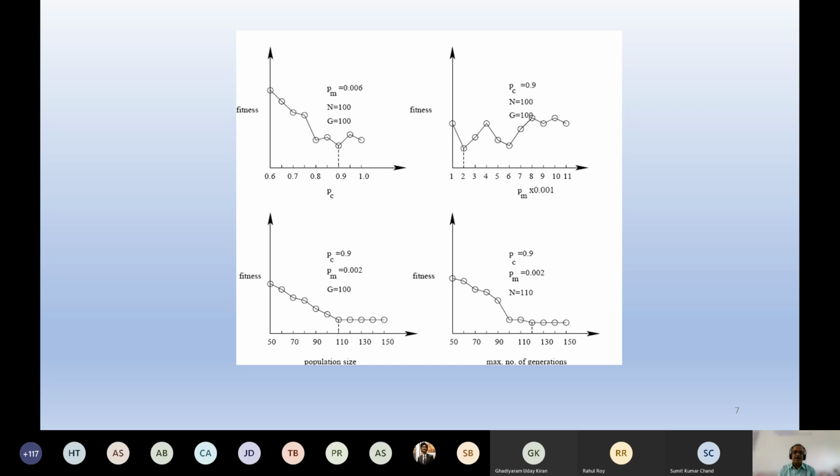On the other hand, if you select a small value for this particular PM, there is every possibility that the very purpose of using mutation will not be served. You will not be able to find the globally optimal solution. Are you getting my point? So the PM cannot be too large, it cannot be too small, it has to be in between.